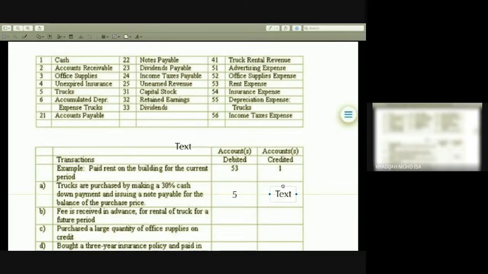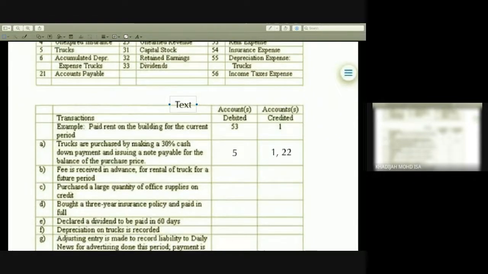Credit your cash because you pay cash. And then what more? Credit your note payable. What's your note payable? Number 22. Are you clear? Right. So that is when you purchase a motor vehicle truck. So you debit your truck account, and then because you pay cash 30%, you credit your cash account, and you also credit your note payable, which is a liability.